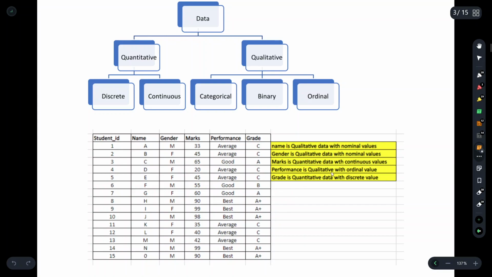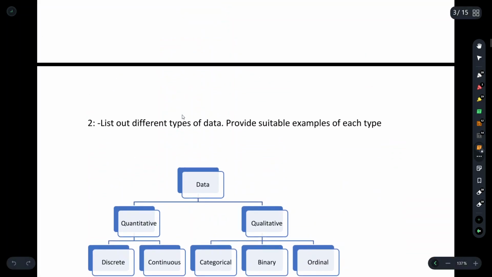So performance is qualitative with ordinal value. Performance will depend upon the previous one, the marks. With the help of marks the performance will be given, and also the grade is a discrete value, with which, with the help of both marks and performance, we are going to provide a grade for that particular name. So these are the types of data.